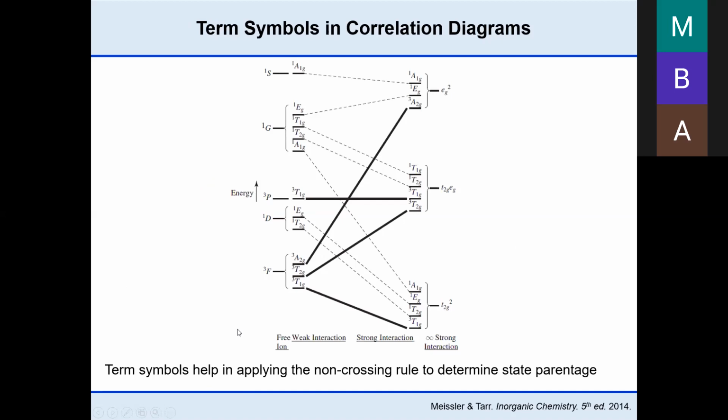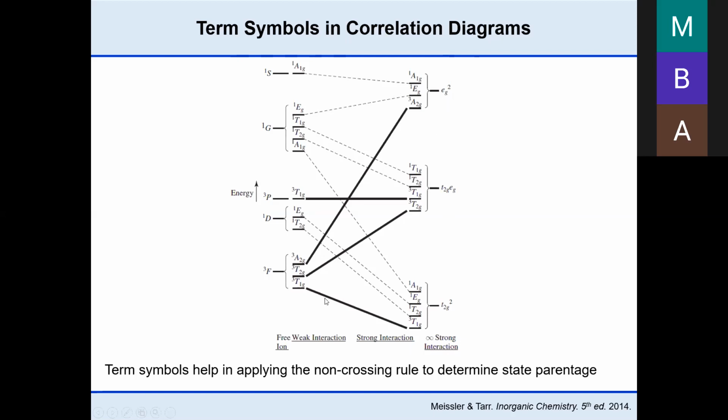So we learned about term symbols so that we could determine the state parentage of our different crystal field split states in transition metal compounds. To do this, we need to look at what are called correlation diagrams and apply the non-crossing rule.